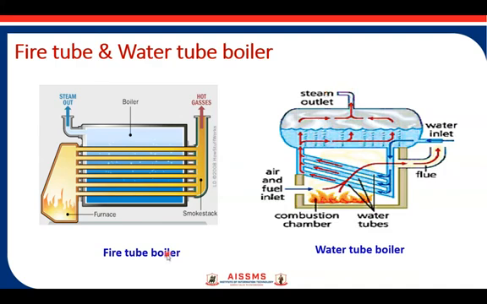The difference between fire tube and water tube boiler is that we are passing the water through the tubes in the water tube boiler, whereas in the fire tube boiler flue gases are passed through the tubes inside the boiler.